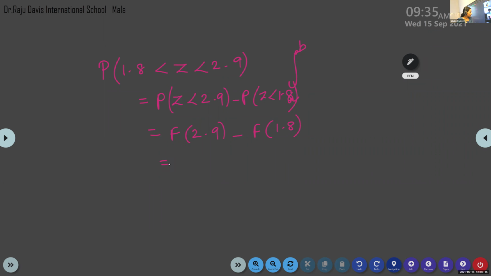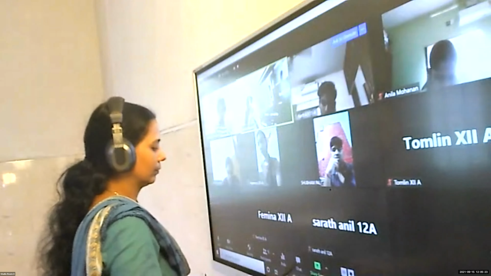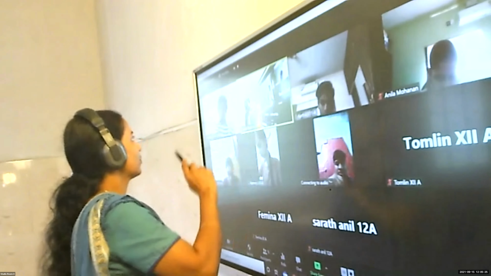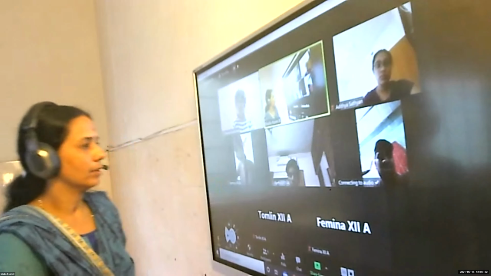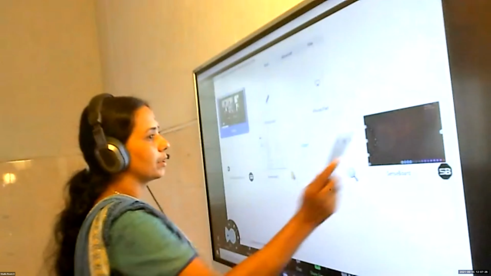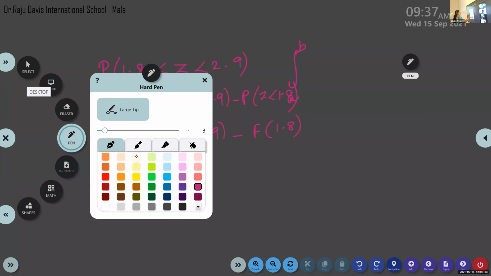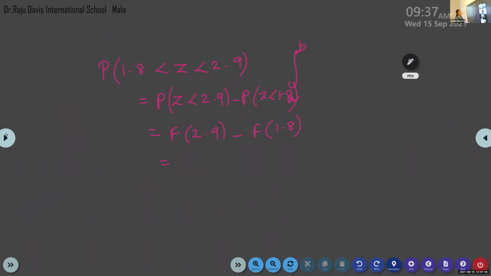Open your textbook and find out the value. What is f of 2.9 from the table? Tell me what is the value. What is f of 2.9, Aishwarya?